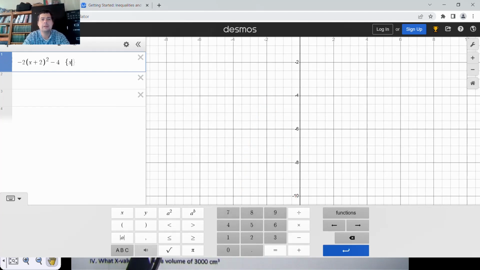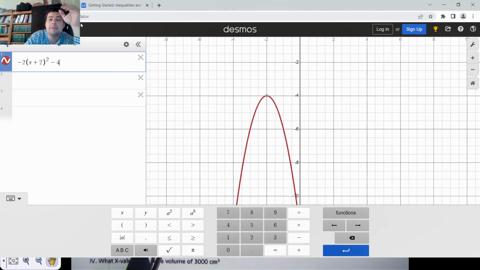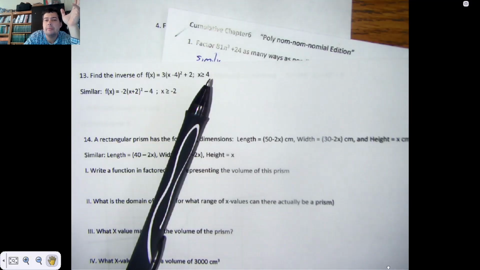Curly braces. X is greater than 2. Maybe I don't need the space. That's crazy. Well, okay, I'll just have to play with this later. I'm wasting your time, and I'm sorry about that. That had nothing to do with what you're concerned with, right?